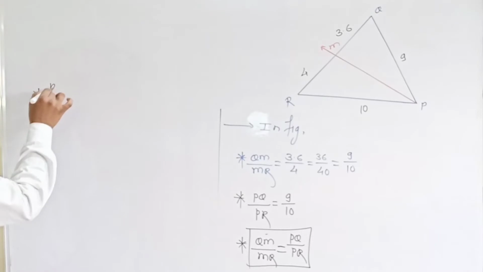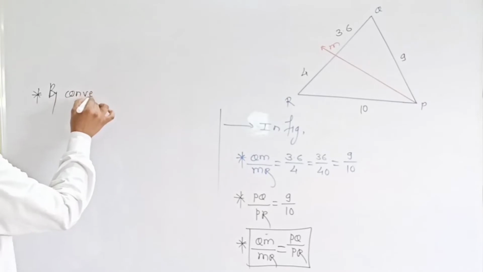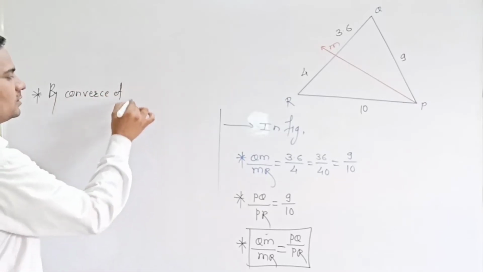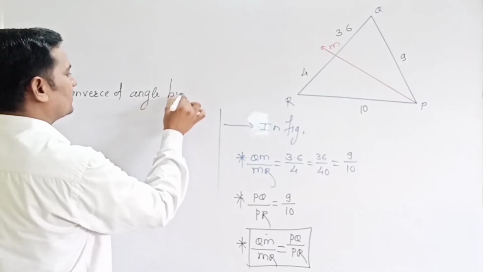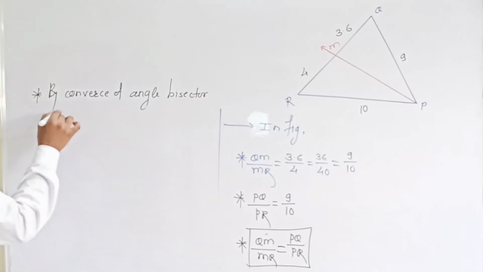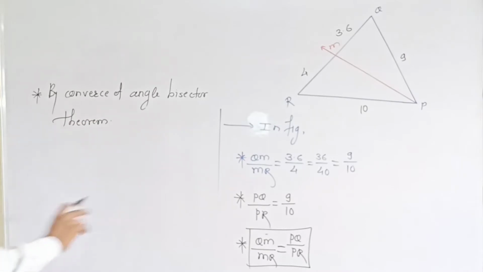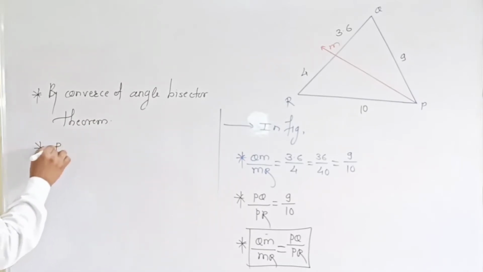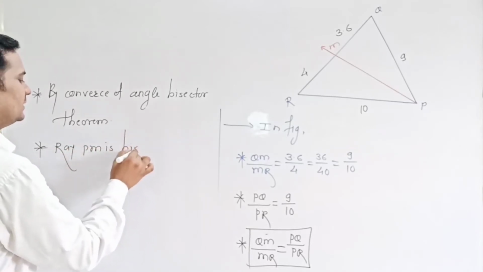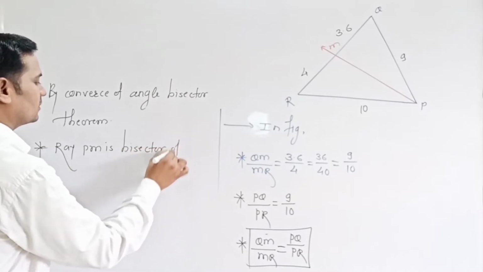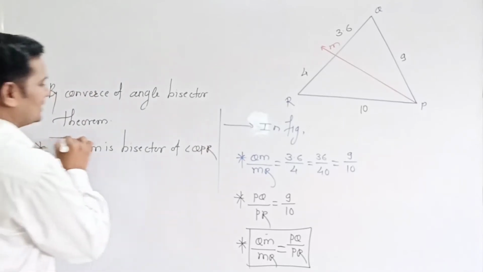Therefore, by converse of angle bisector theorem, ray PM is the bisector of angle QPR. Now this is the answer.